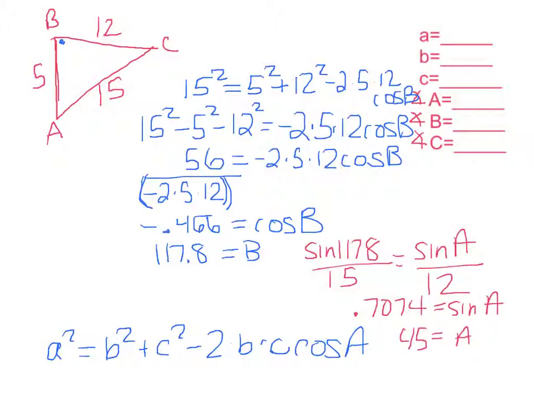And then you can subtract from 180 to get the other answers. So if we're going to get our answers, a is 12, b is 15, c is 5. That's easy. That was given. Angle A we know is 45. Angle B is 117.8, which leads by subtraction to angle C being 17.2.